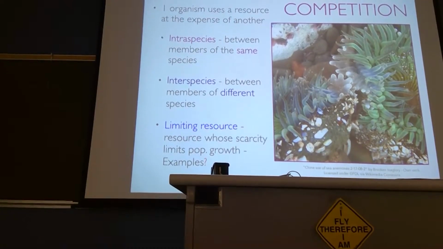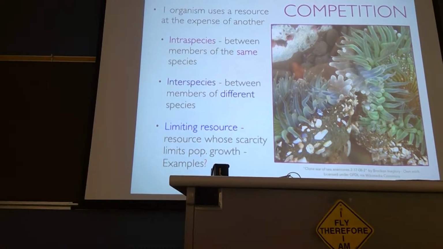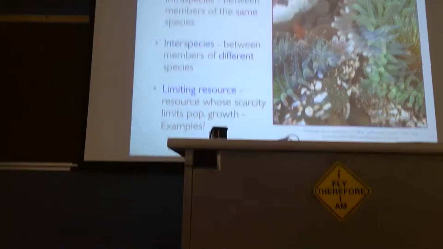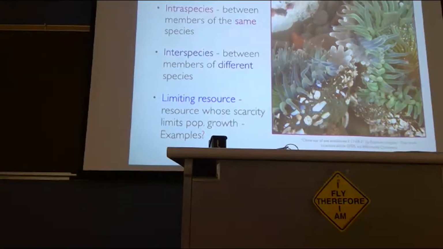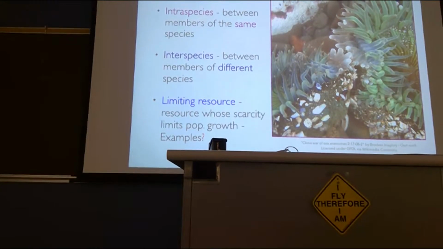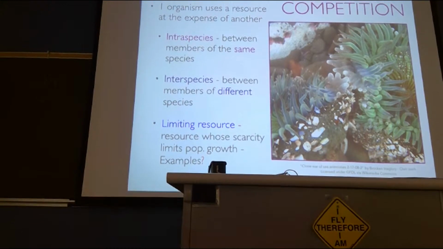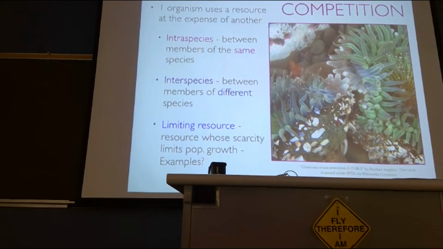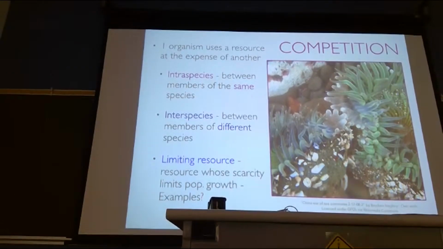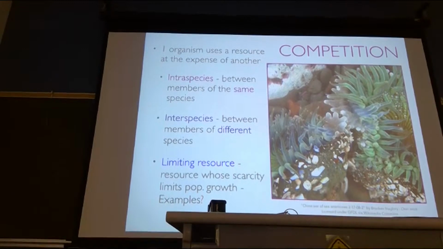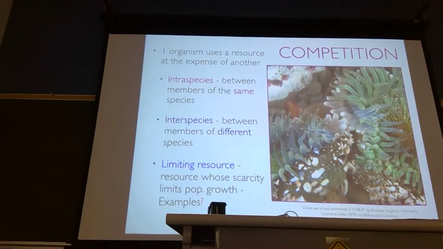Making yourself good at one thing might open you up to competition in other arenas, or might open you up to predation, or might make you more susceptible to disease. So there are going to be these trade-offs that we see as organisms specialize or generalize in terms of competitive goals. The differences in competition lead to speciation over evolutionary time. Competition is one of the main driving natural selective forces for evolution.